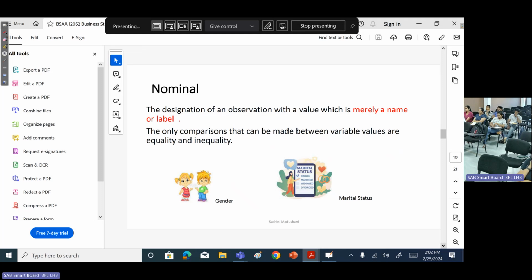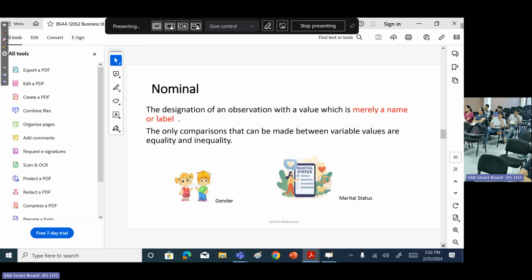In the nominal level of measurement, we only use equal and not equal: whether this person is male or female, equal or not. We cannot apply addition, subtraction, division, multiplication, greater than, less than.